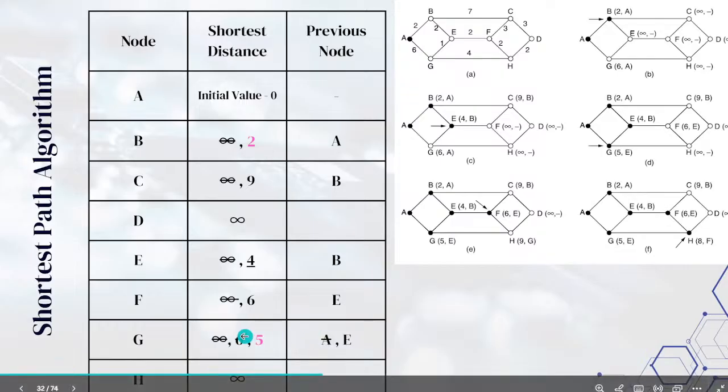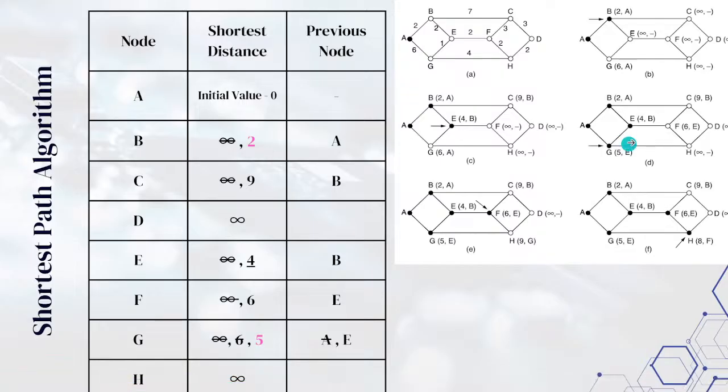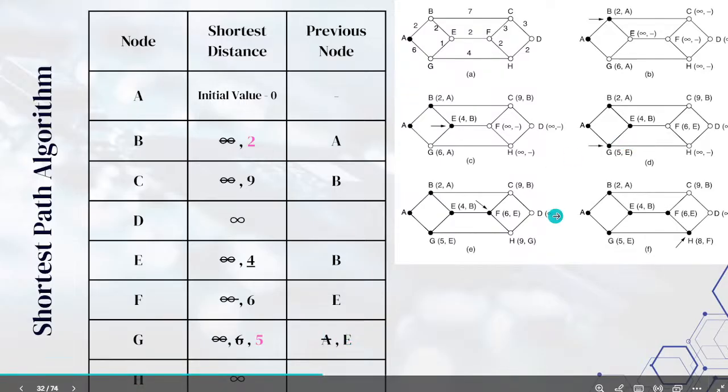But going from E, I reach faster, because 4 plus 1 is 5. So I cut down 6 and put 5 here, and the previous node to reach G in the fastest way is E. So I wrote E here.